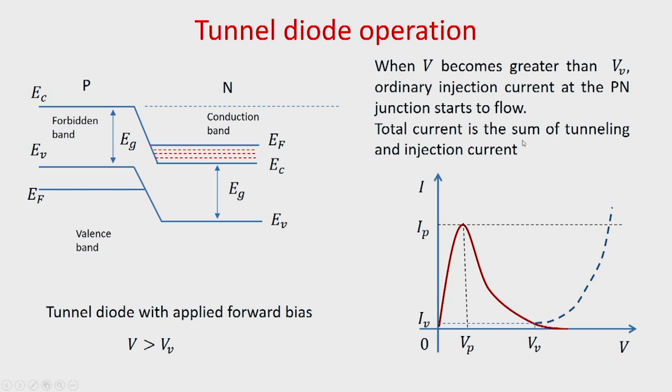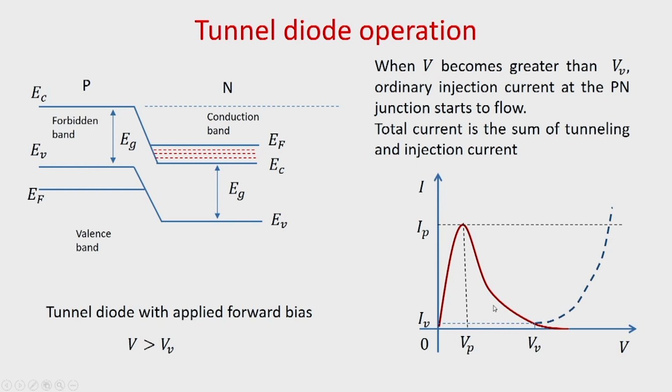The total current is the sum of the tunneling and injection current, and I V is the minimum value of the current at applied voltage V V. This is also the valley current and this is the peak current.